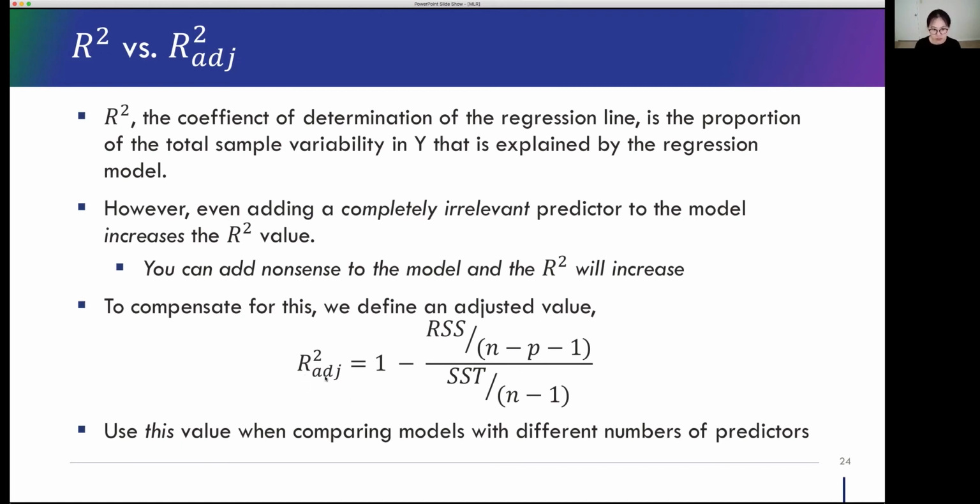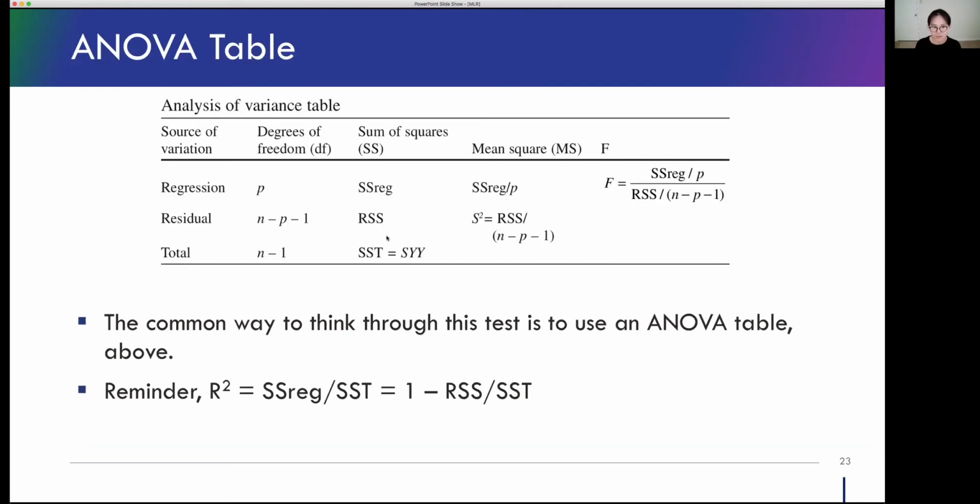The adjusted R squared is defined as 1 minus the mean square error divided by the total sum of squares divided by its degrees of freedom. Comparing to the original, R squared is 1 minus the residual sum of squares divided by the total sum of squares, which has nothing to do with degrees of freedom, right?